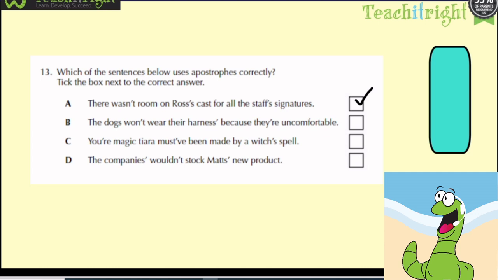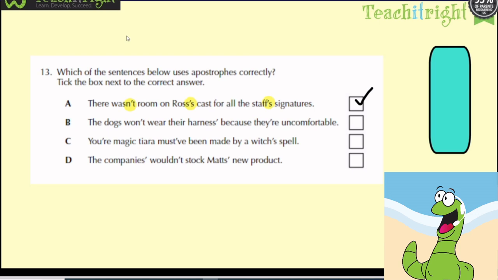Wasn't is a contraction of was not. There was not room on Ross's cast. This shows that the cast belonged to Ross. For all the staff's signatures. So staff is the collective term for a group of people.